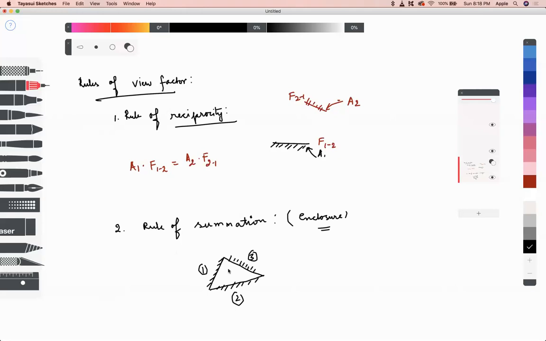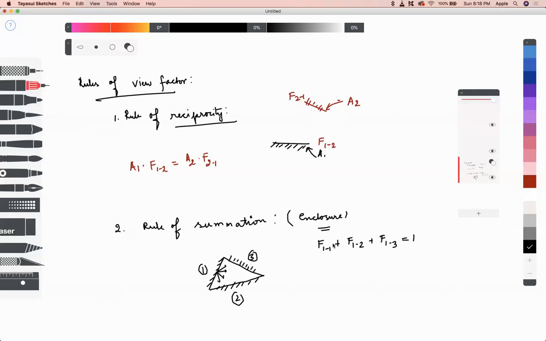Now this rule says that whatever radiation is leaving surface 1, since it's an enclosure, the total radiation will be received or shared by all the surfaces. So I can say that F1 to 1 plus F1 to 2 plus F1 to 3 should be equal to 1.